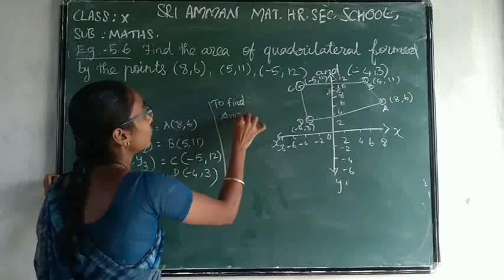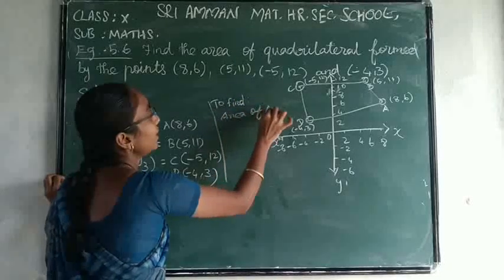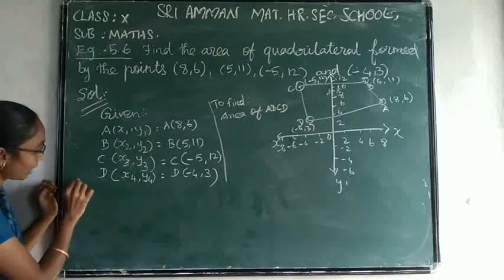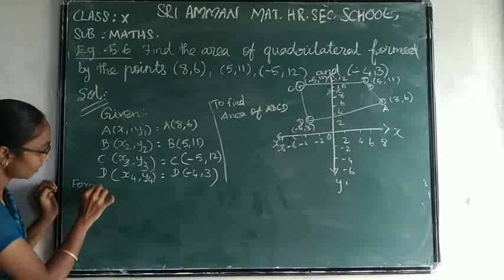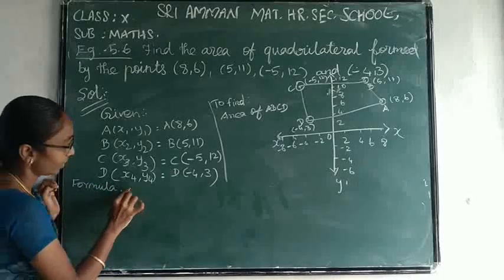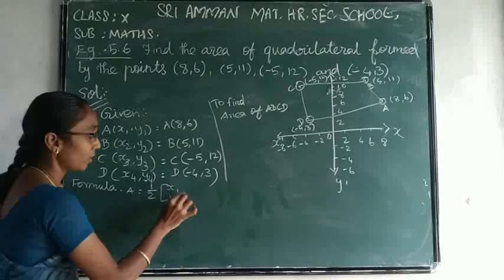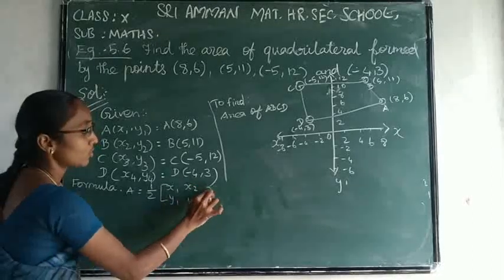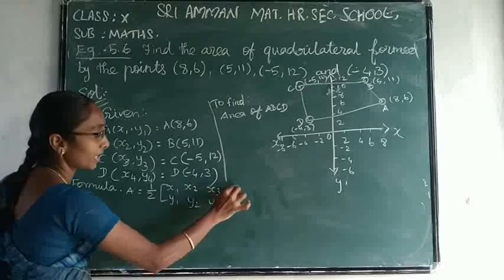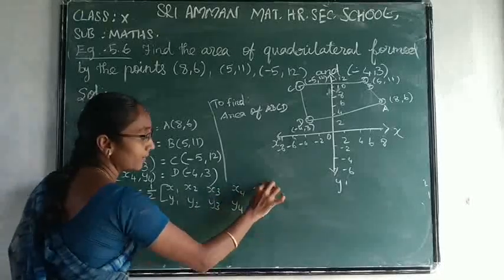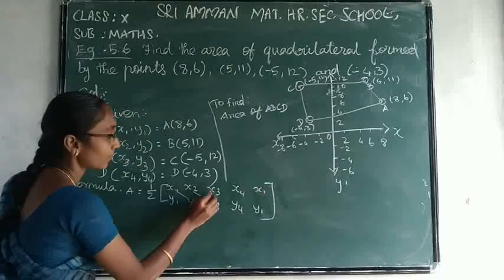To find the area of ABCD, what is the formula? Formula: A equal to half into x1, y1, x2, y2, x3, y3, x4, y4, again x1, y1.